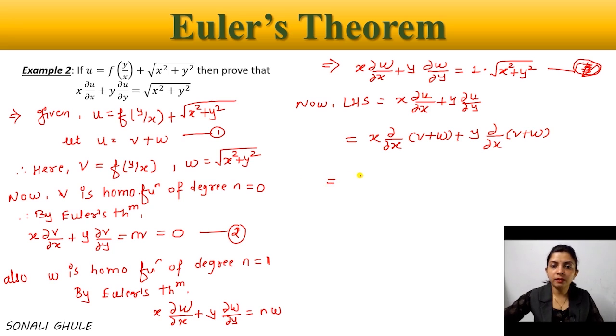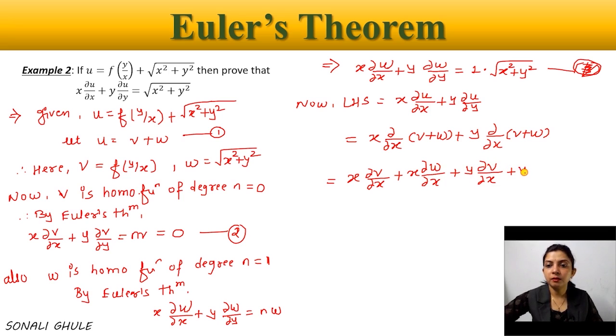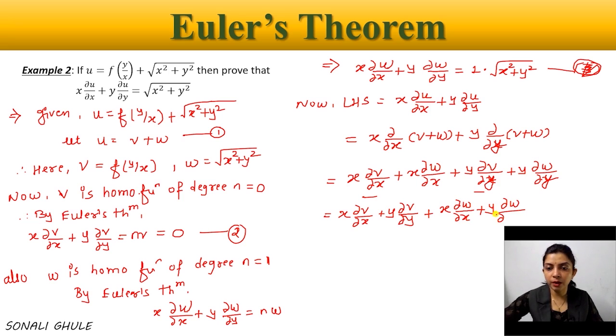So here x into dou v by dou x plus x into dou w by dou x plus y into dou v by dou y plus y into dou w by dou y. Now grouping v with v, I can write x dou v by dou x plus y dou v by dou y plus x dou w by dou x plus y dou w by dou y.